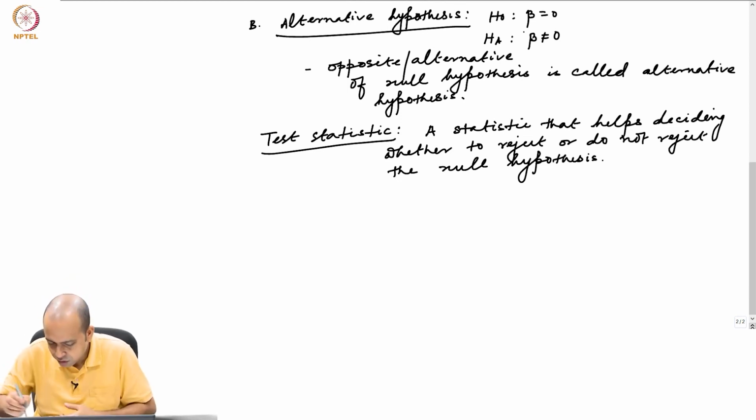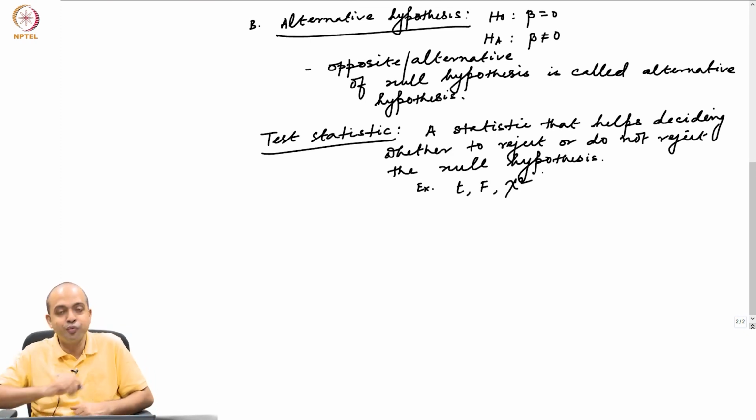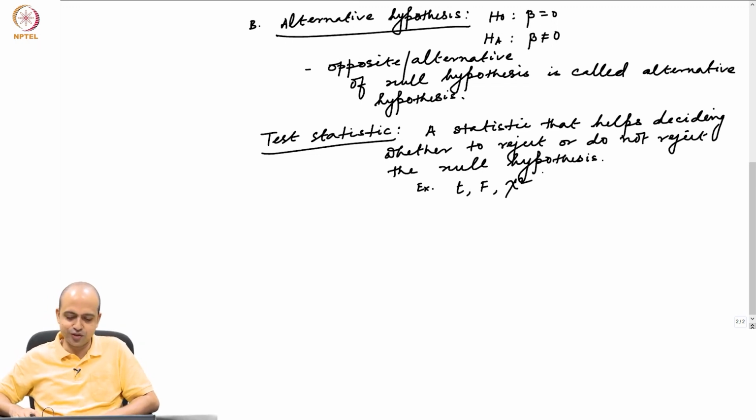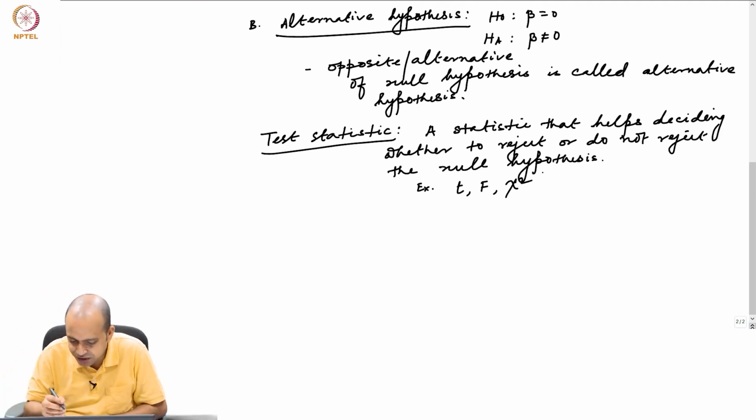For example, there are several test statistics, like the t statistic, the F statistic, and the chi-square statistic, which you might have studied in your statistics course. Here, when our objective is to check the significance of a particular variable, we will use the t statistic. And how is the t statistic defined?